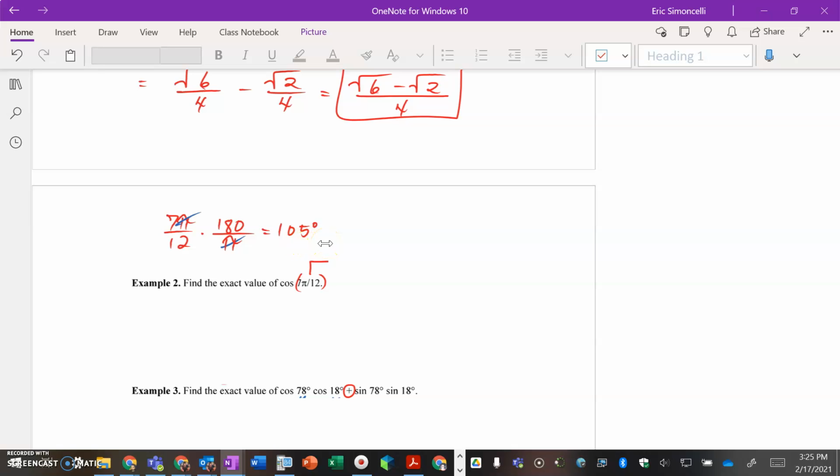105 isn't terribly nice in the sense that it's on the unit circle, but it is nice because we can think of two angles that when added or subtracted, particularly on the unit circle, are going to give us 105. And if you think u and v in context, how about 60 and 45?